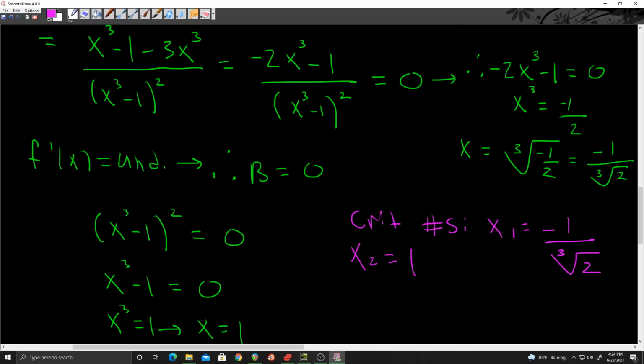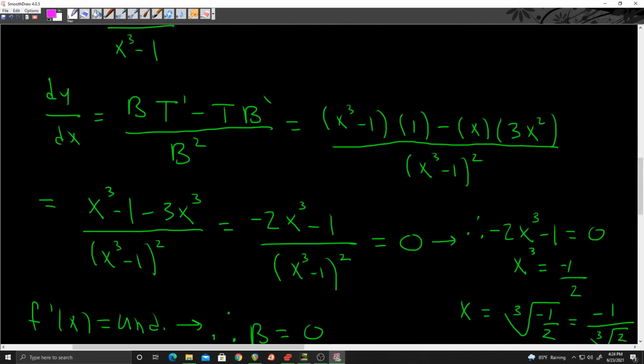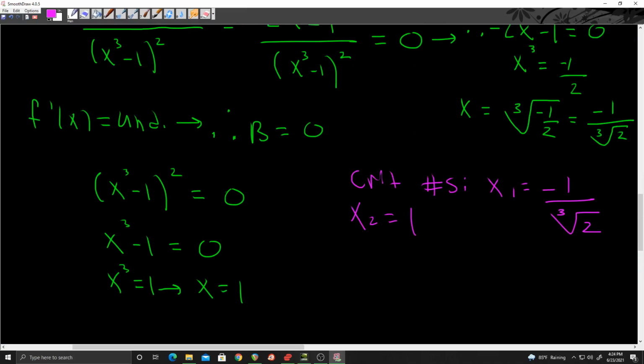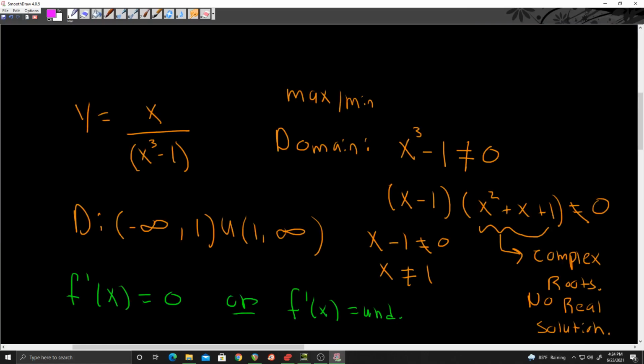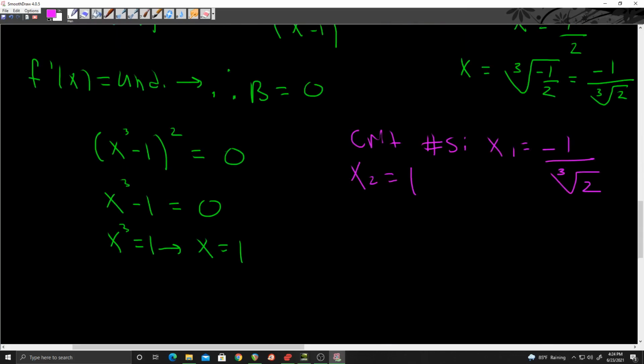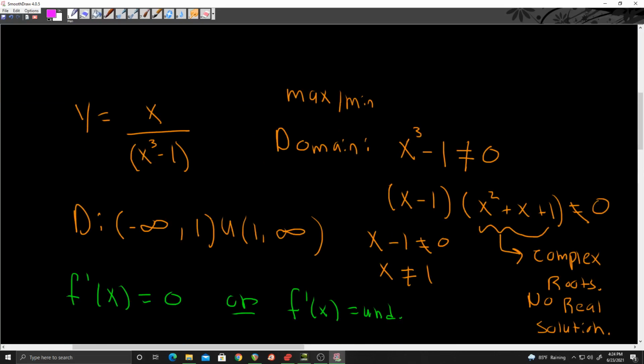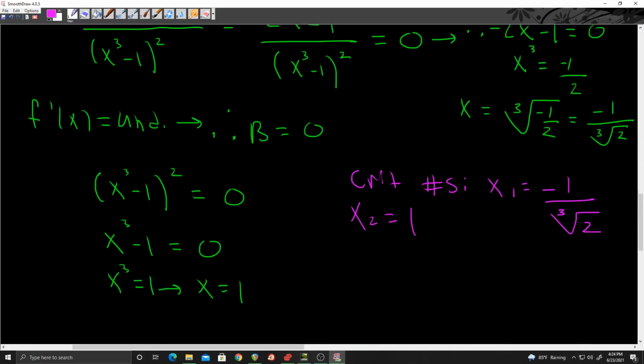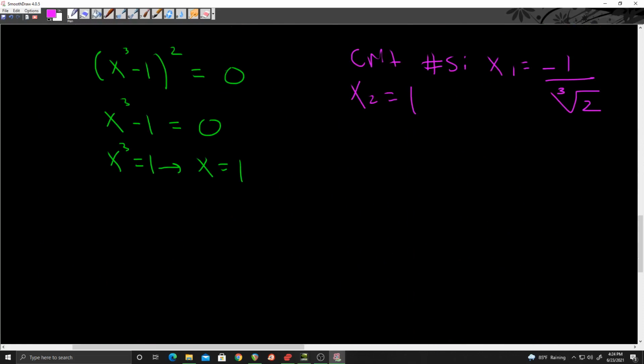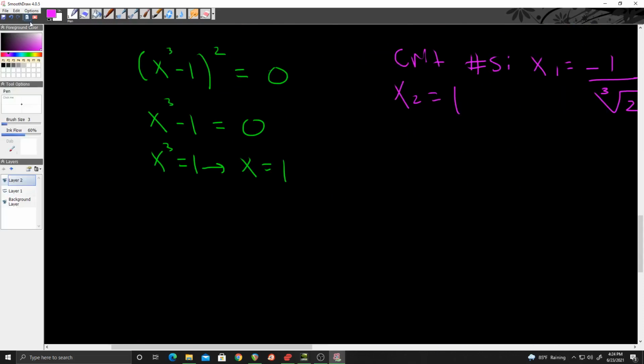Now we're going to take our domain and split it in terms of our solutions. Here's our domain, and 1 is already in there. The only thing we have to include is negative 1 over the cube root of 2, which is obviously going to be to the left of positive 1. So let's set up our intervals.